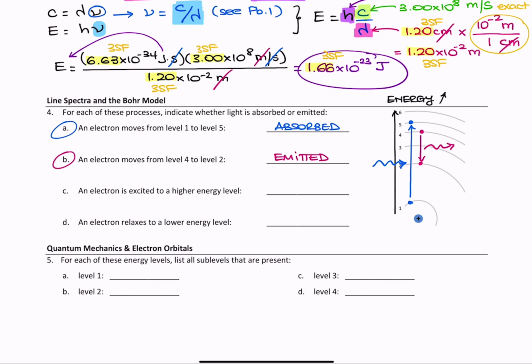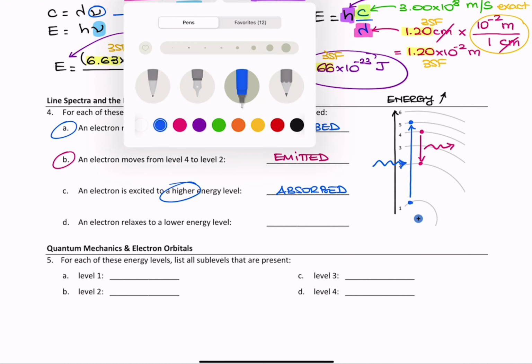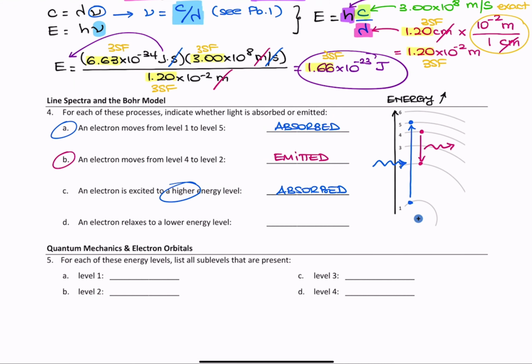For B, the light was emitted for the electron to jump from 4 down to 2. What happens when an electron is excited, meaning that it goes to a higher energy level? The light will be absorbed. On the other hand, when it relaxes, meaning it goes down to a lower level, then the light will be emitted.